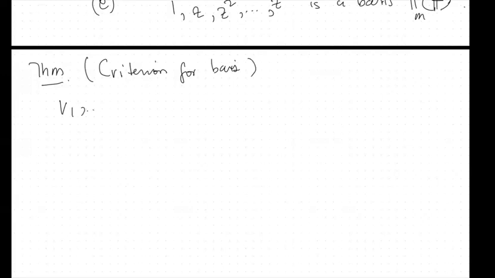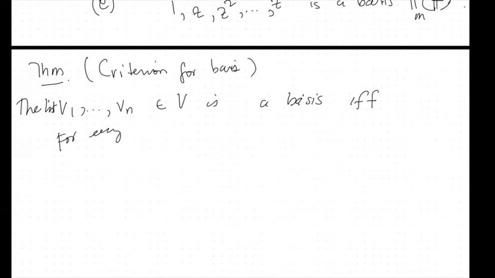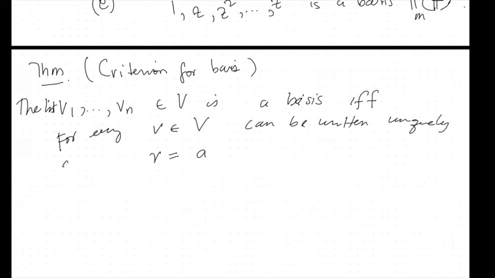The list v1 to vn of elements of V is a basis if and only if every v in the vector space V can be written uniquely as a linear combination a1 v1 plus up to an vn, where a1 up to an are elements of F.